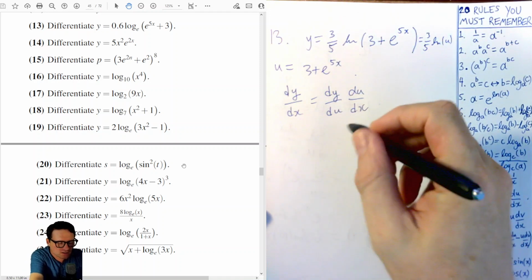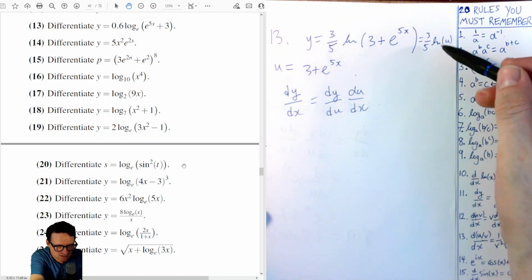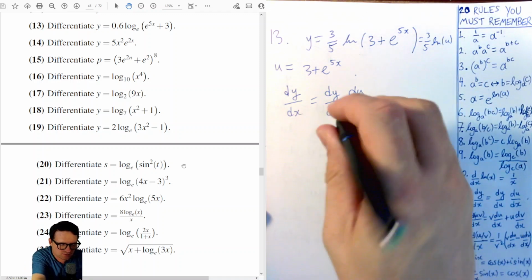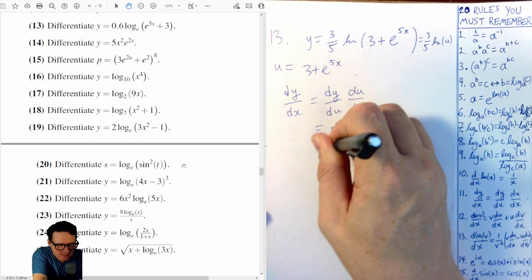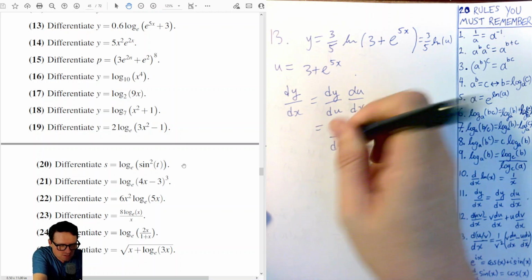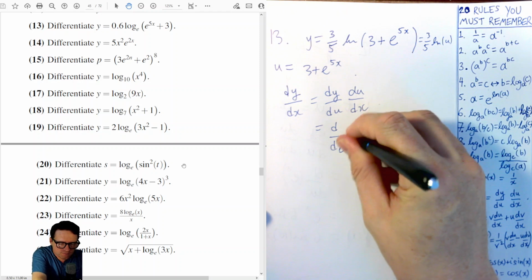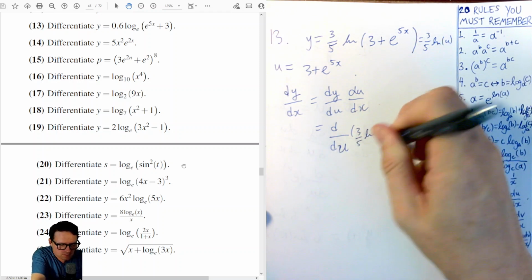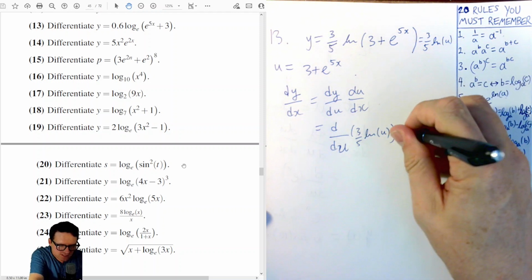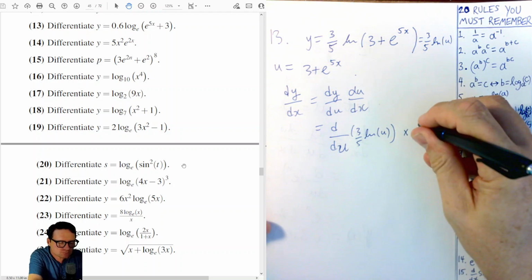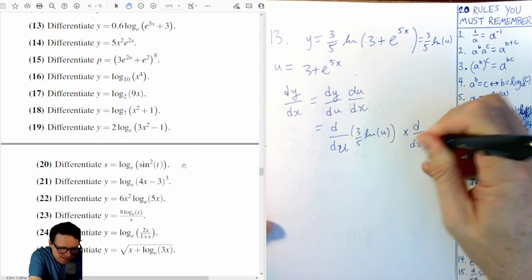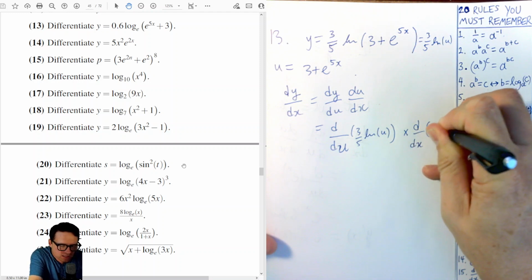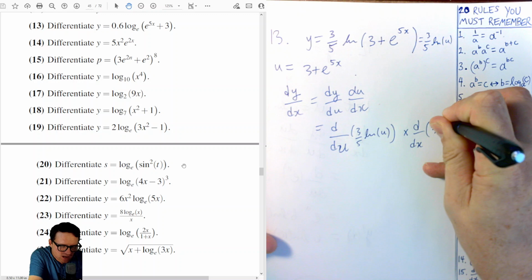Now dy on du is d on du of 3/5 natural log of u, so I'll view this as operating on that function of u. Then we multiply the result by the derivative with respect to x of 3 plus e to the 5x.